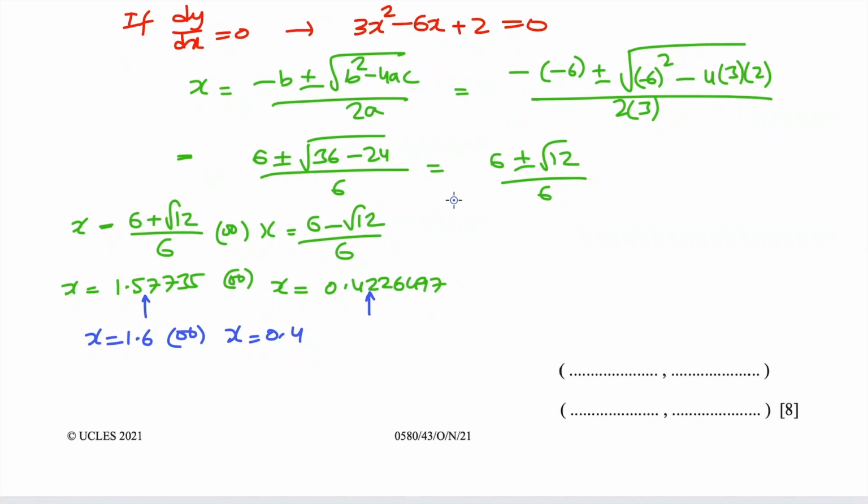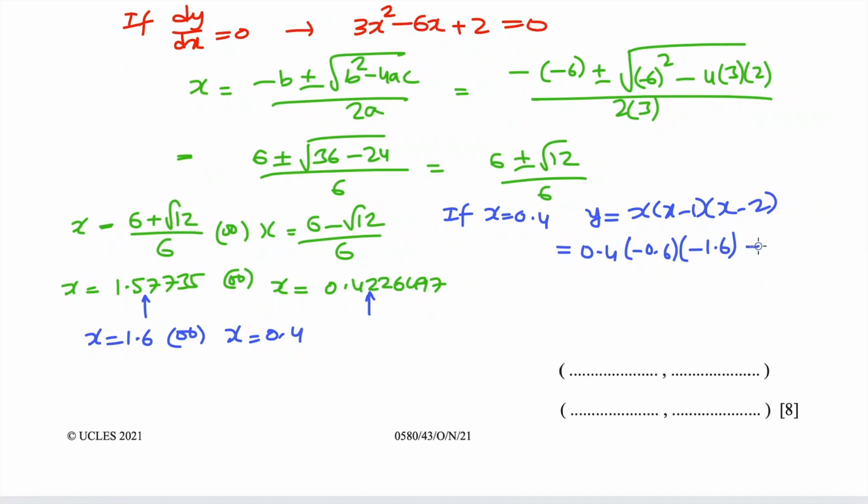Okay, so if x is equal to 0.4, then y would be equal to x into x minus 1 into x minus 2, and so this would be equal to 0.4 into minus 0.6 into minus 1.6, and its value, if you calculate, is equal to 0.384, or y would be 0.4.